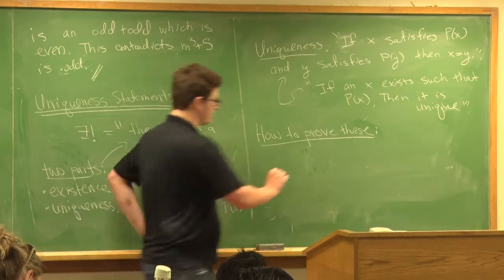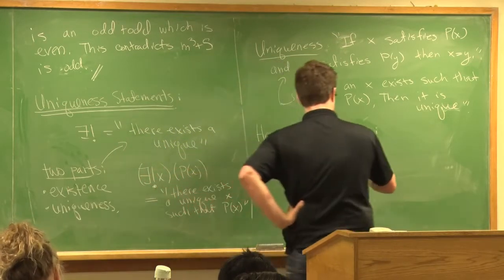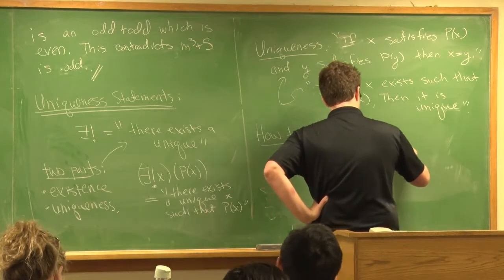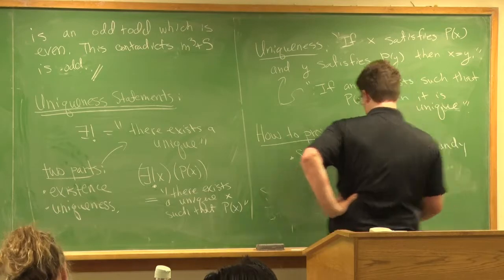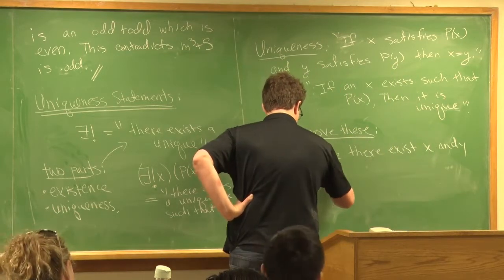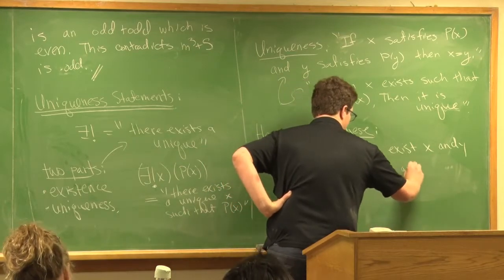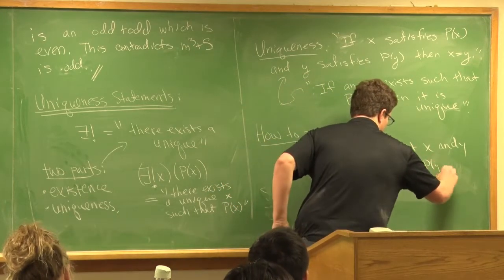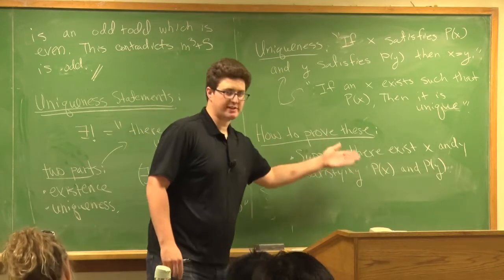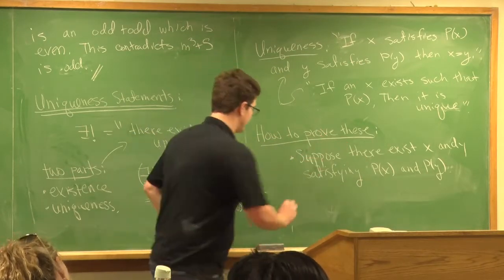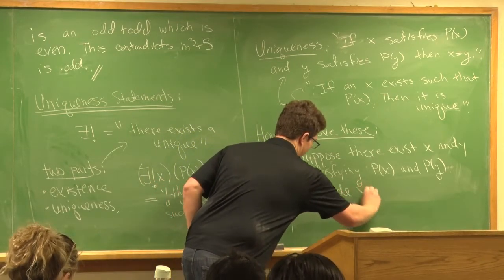What you do is you suppose there exist x and y satisfying p of x and p of y, for some x and y, and then you try to conclude x is equal to y.